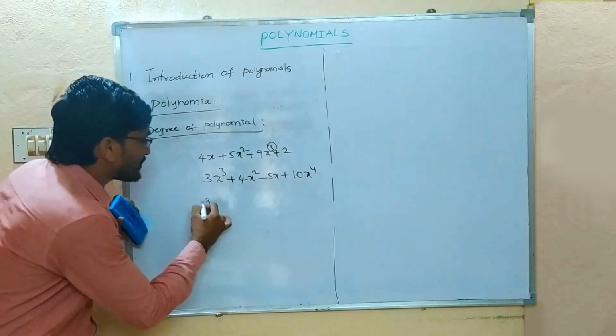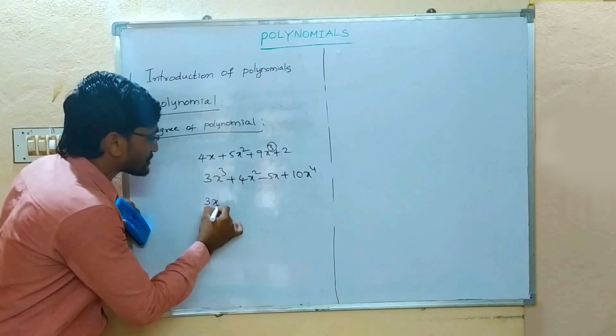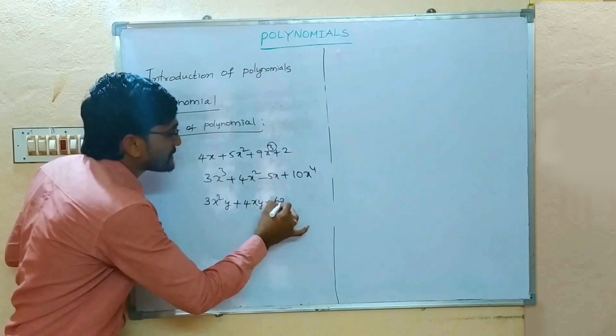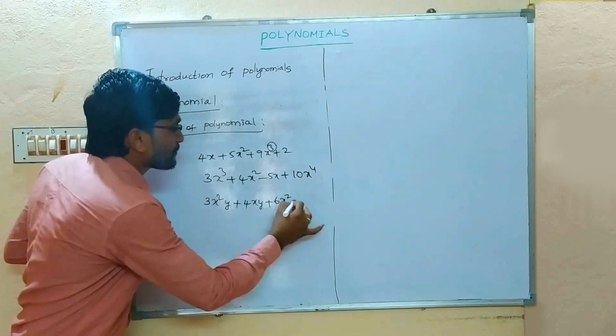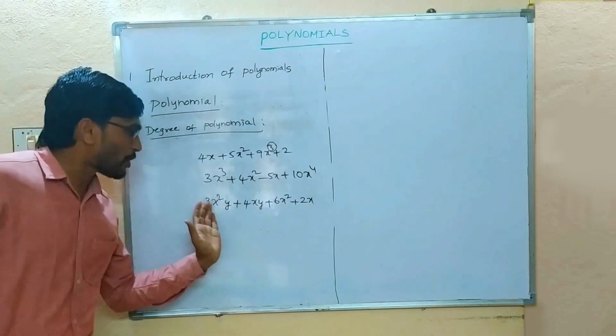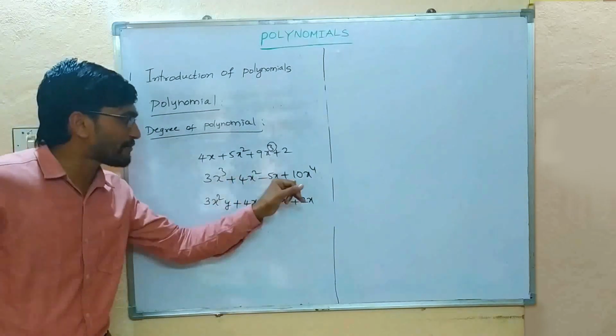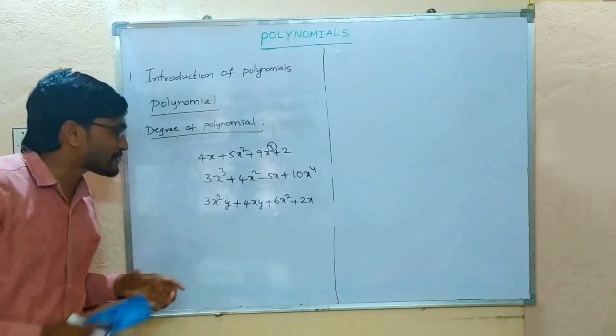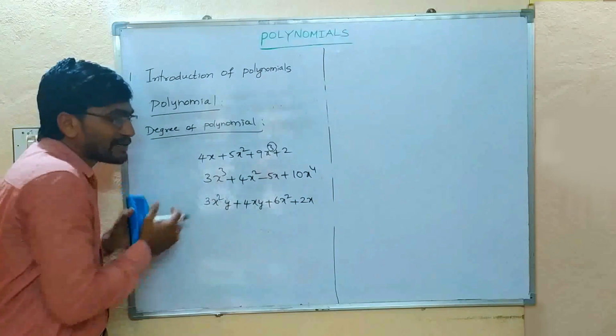Suppose they have given 2 or more variables: 3x square y plus 4x y plus 6x square plus 2x. It is a polynomial in 2 variables. So how do we calculate the degree?